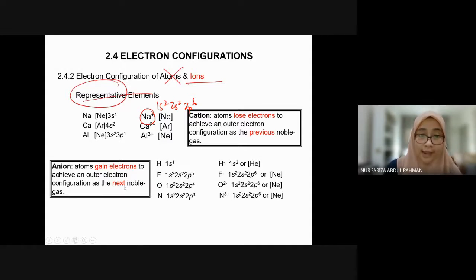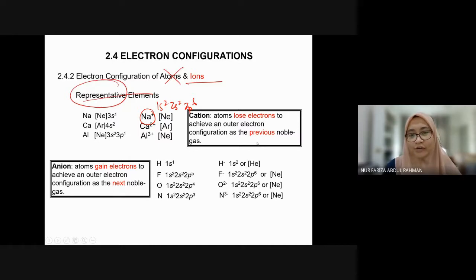Because of the octet. In short kita panggil dia octet lah, tapi when we talk about electron configuration, maksudnya in detail, we know what are the sub levels that we need to fulfill in order to become the next noble gas. For the anion, dia kena tambah electron in order to become the next noble gas.